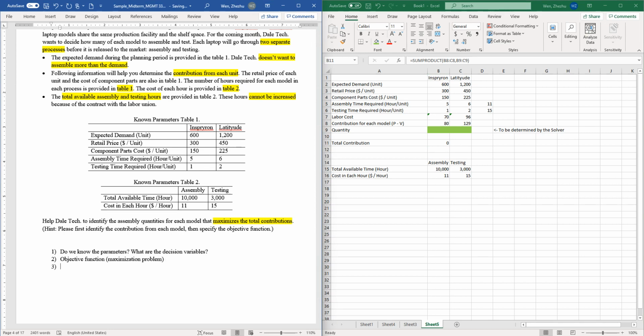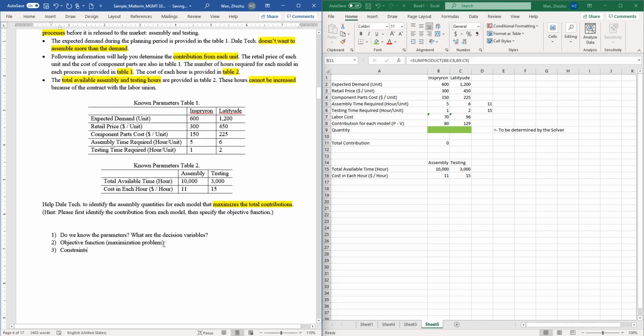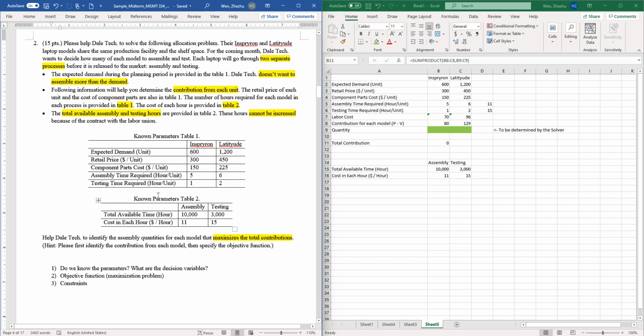And lastly, we need to figure out what the constraints are. So we have some constraints spread here and there in the problem description. But let's take a look at the first very obvious constraint from the first description. It doesn't want to assemble more than the demand.